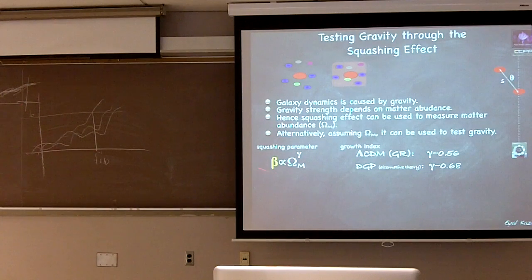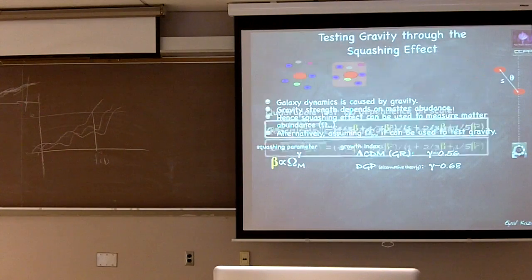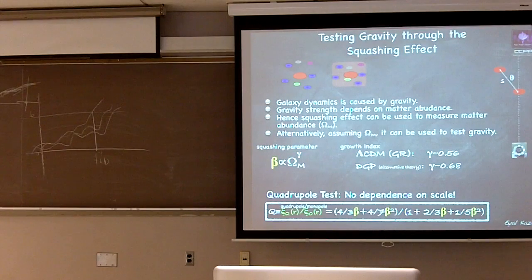So that means that if we parameterize how much redshift distortion there is by this squashing parameter, we call it the squashing effect, then it has been shown that it goes by the abundance of matter and by the underlying gravitational theory. So general relativity, for example, will give you some value. And this beta parameter is something that we're very interested in testing. And that's what I'm working on these days.